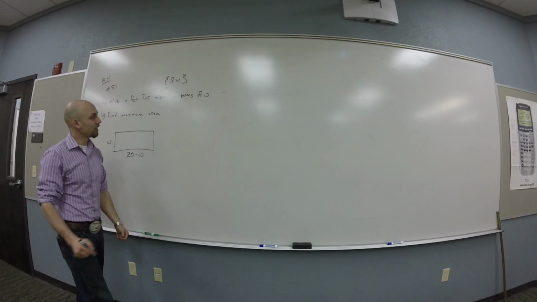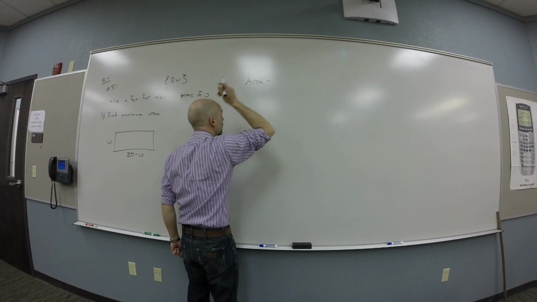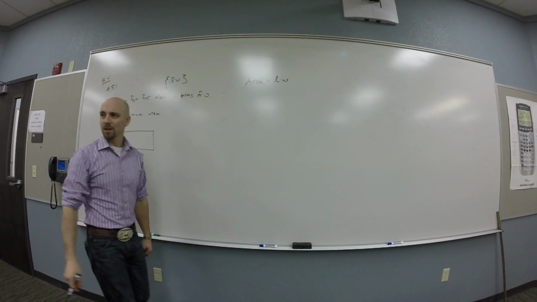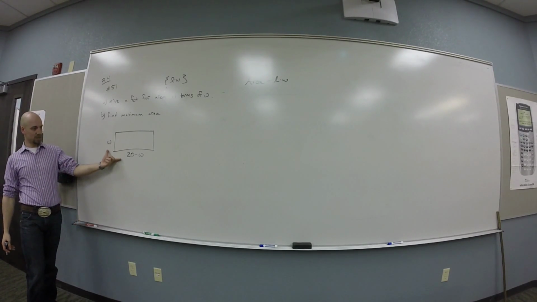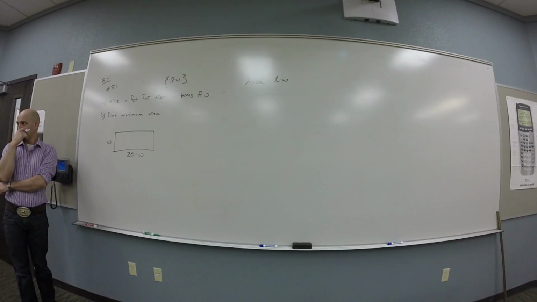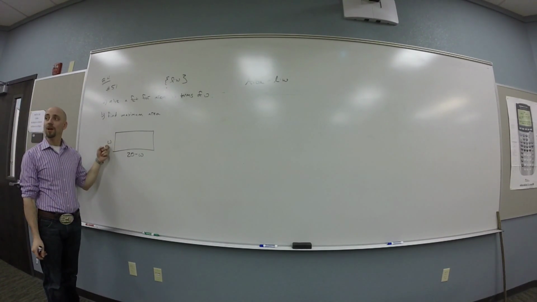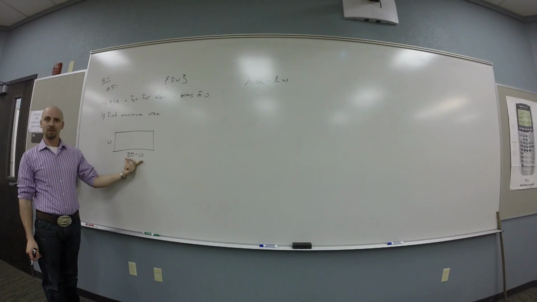So the area is length times width. Is there a better way that I can write that? Maybe given this picture? Yeah, W is probably the width, right? What's this thing? The length. That's the length.